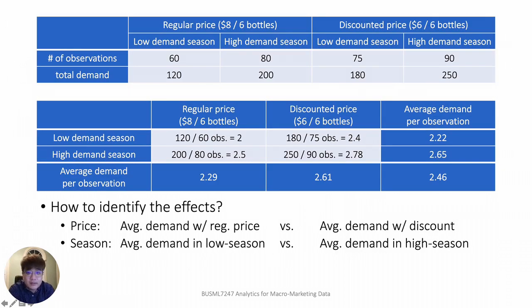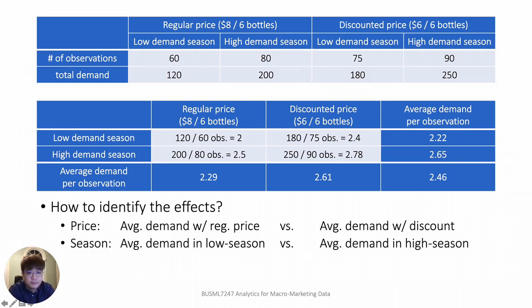How about this case? Suppose that we now have regular price and discounted price observations in both seasons. As in the second table, we are now able to separate the price effect from the seasonality. First, let's look at the group of regular price observations versus the group of discount price observations.